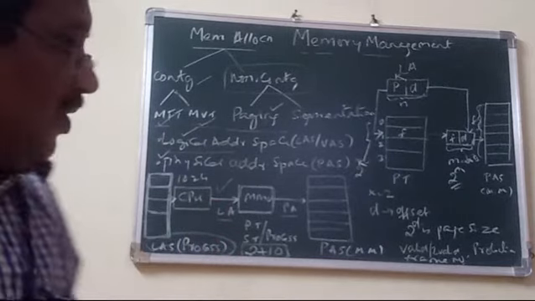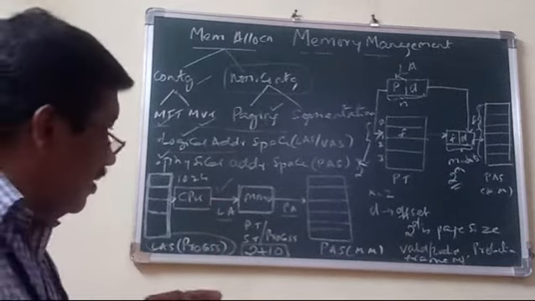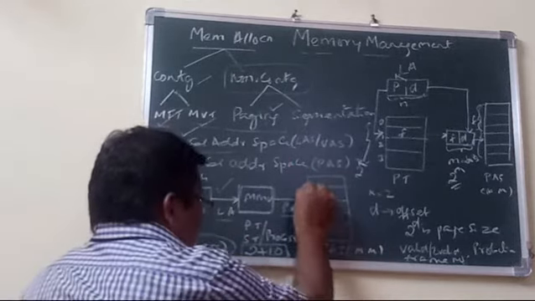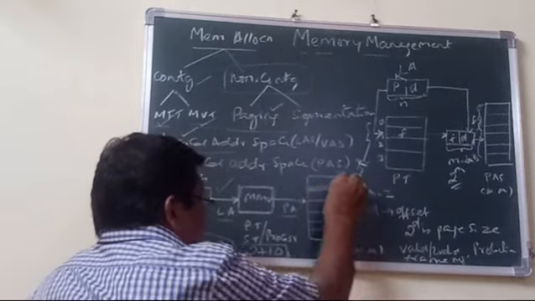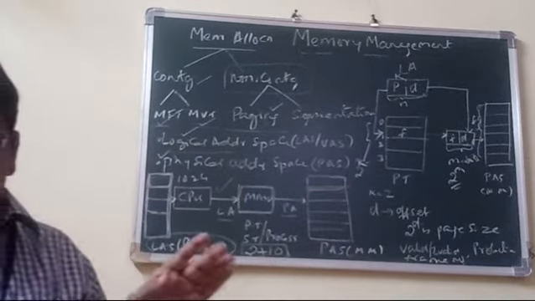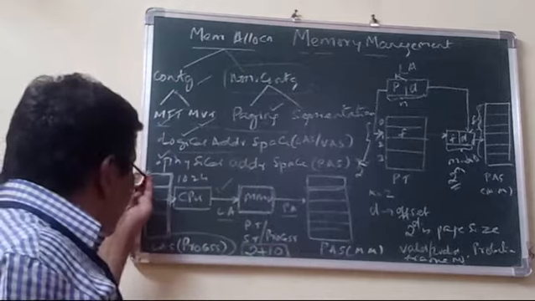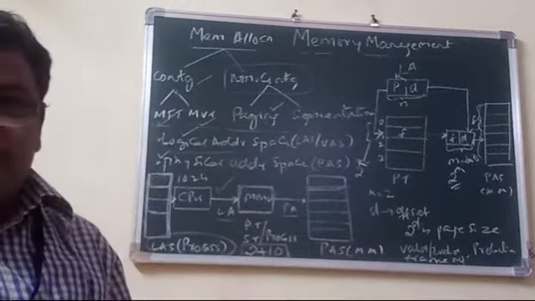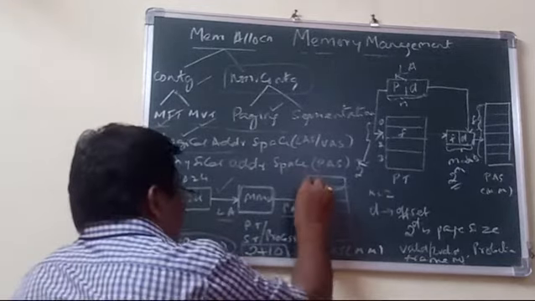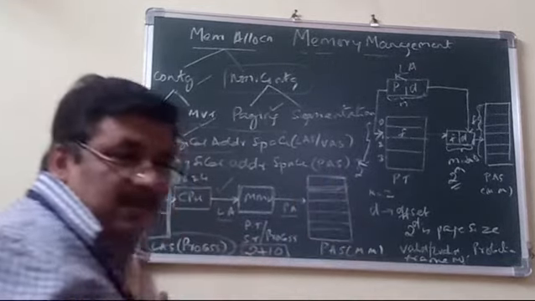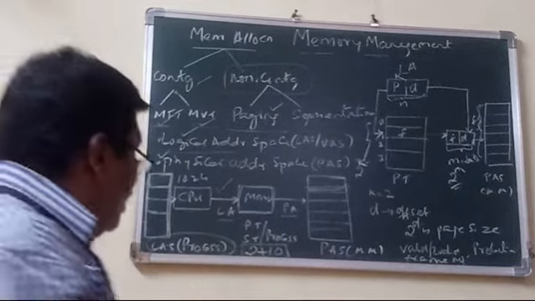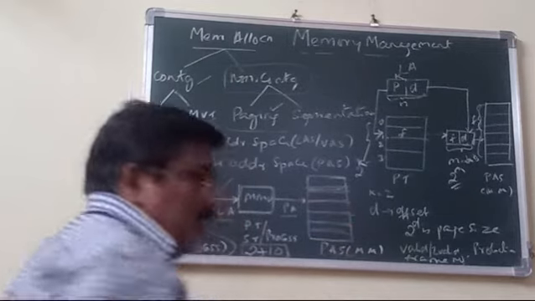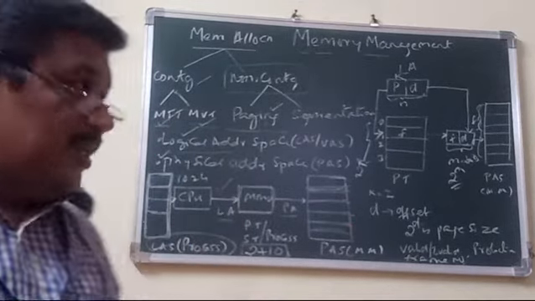There may be any number of frames here, and the frame size is the same as the page size, because we are going to fit the page from the logical address space into a frame in the physical address space. So the size of the page and the size of the frame must be one and the same.